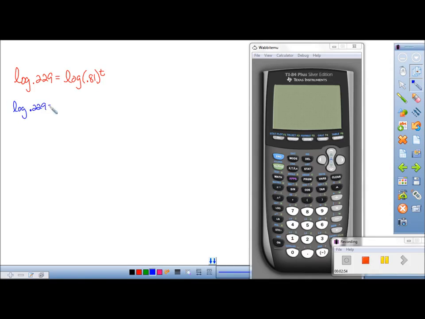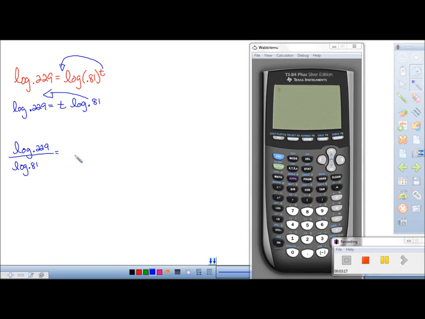Now the properties of log say that I can actually take that exponent t and put it in front of log. So now we have t times the log of 0.81, and to isolate the variable t, instead of multiplying t times the log of 0.81, we're going to divide over the log of 0.81 to the other side. And then after we do this, we've isolated the variable t.